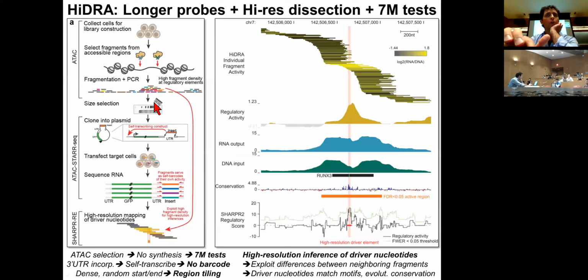And then you're cutting out all of the DNA fragments that are coming from accessible regions, and you're inserting them not upstream of your construct, but downstream of the construct. That means that when they drive expression, they will drive their own transcription. And that also means that I can actually use them as their own barcodes. Everybody with me on this?